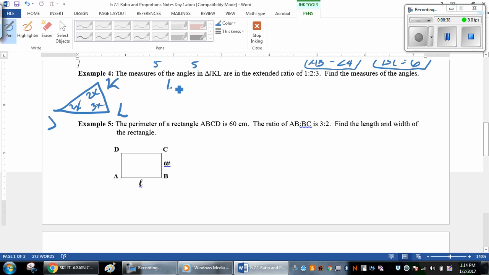So if I add up all my angles, 1x plus 2x plus 3x, that's all my angles added up. And I know that in a triangle, they always add up to equal 180 degrees. So there's our simple equation. Now all we have to do is go ahead and solve. So go ahead and solve that one. And I'll give you a second to do that, and then we'll go ahead and check our answers.